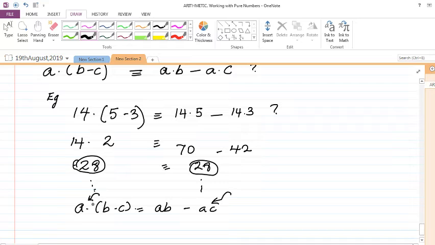Now we've been pushing a lot. So we know multiplication in both cases is distributed over addition and subtraction. But division, let's see whether division is distributed.